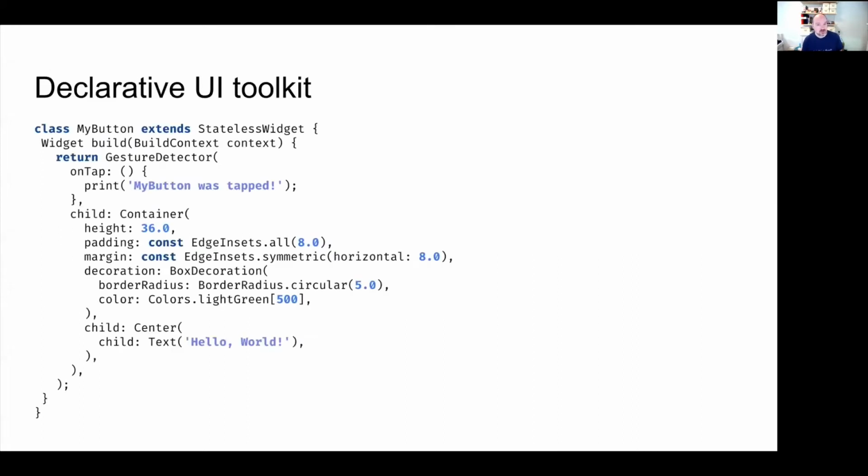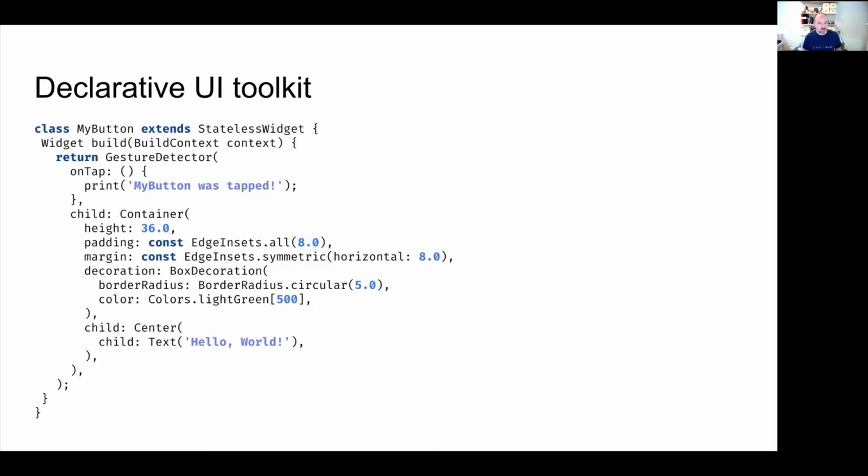So, Flutter is a declarative UI toolkit. It's not an operating system or anything like that. It's focused very much on being a toolkit for UI. And what does declarative UI toolkit mean?